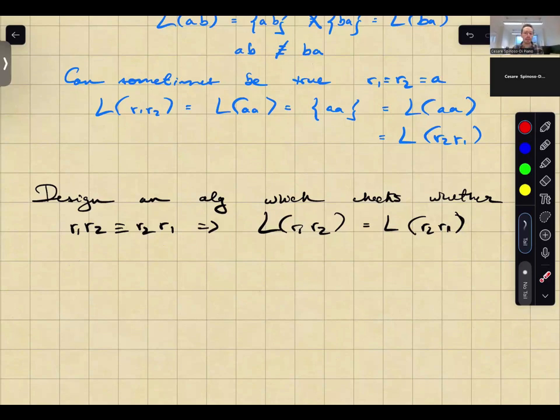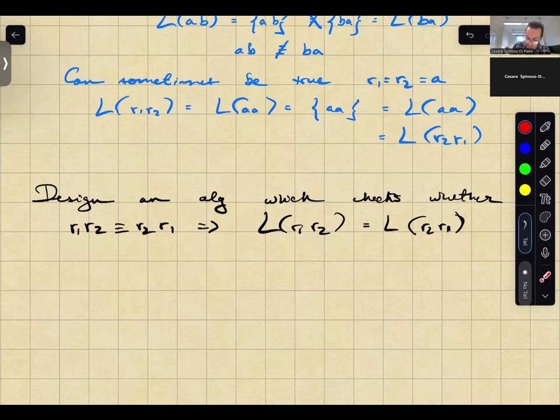So maybe a good idea might be to convert these things to FAs. Because when you convert things to FAs, then you can start checking the equivalency between two DFAs. And you can do this much more easily when the DFAs are both minimal DFAs, right? Because you have fewer states to check, and actually you might not run into problems if you're comparing pairs of minimal DFAs.